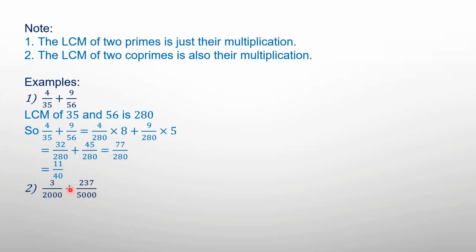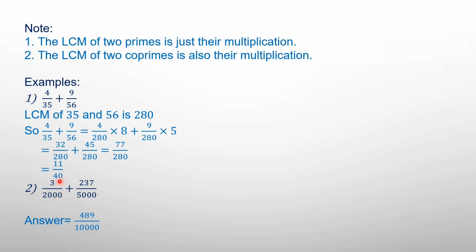Second, 3 upon 2000 plus 237 upon 5000. Now it seems difficult, but this is a very easy example. Just find the LCM of 2000 and 5000. Its LCM is 10,000. So how to get 10,000 from 2000?